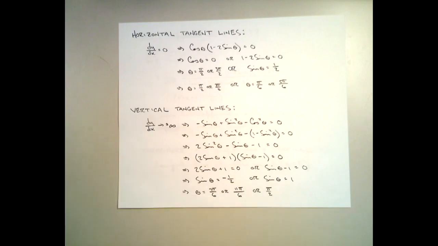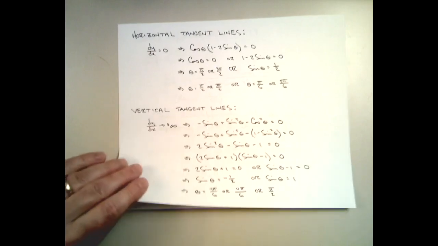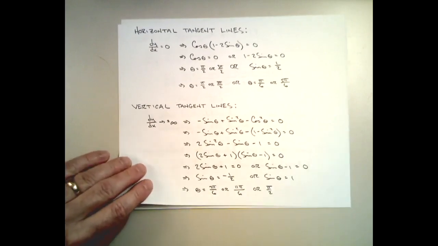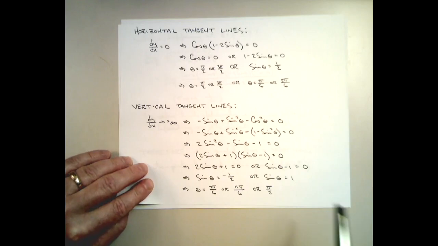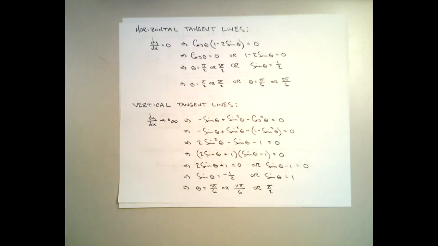But if we didn't know that, what we'd have to do, and what I'm going to do, is look at the limit as theta approaches pi over 2 of my derivative.